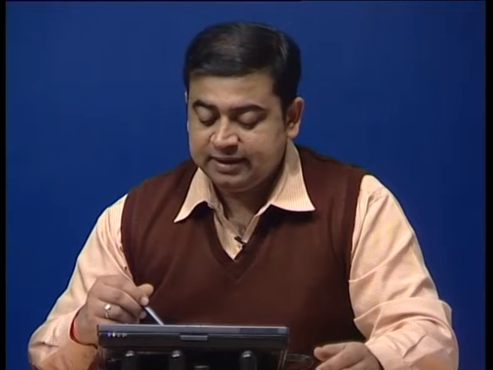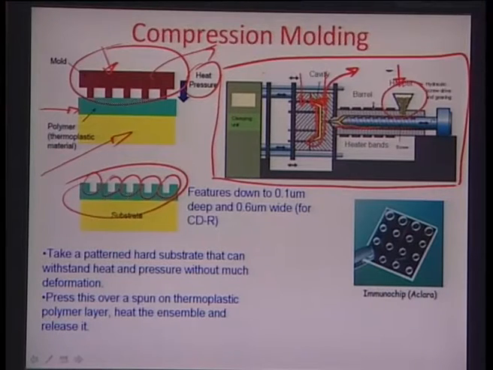So, you really need a very good surface pre-processing agent here for a proper separation of the polymer that you feed in. So, in fact, this is a very useful process for microfabrication.